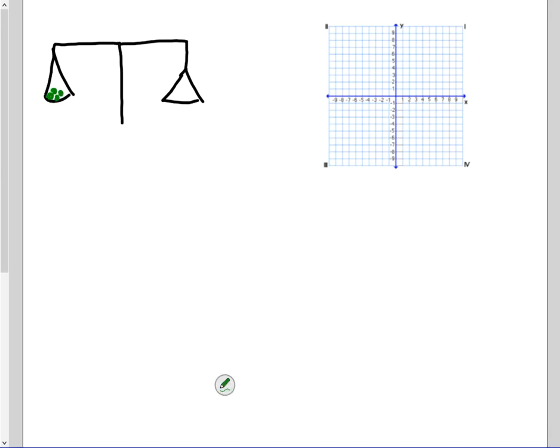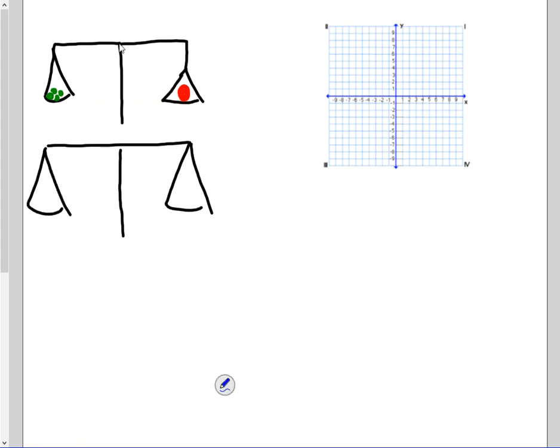And we know that the weight of 4 limes is equal to an apple's weight or something. There's my apple. And then we have a second scale that just says that the weight of 3 blueberries is the same as 3 blueberries.